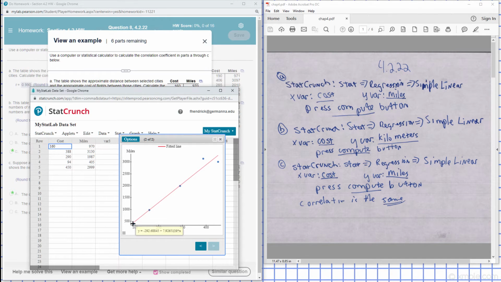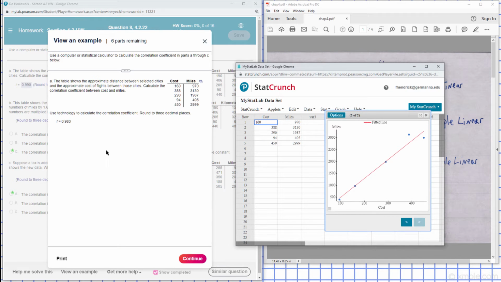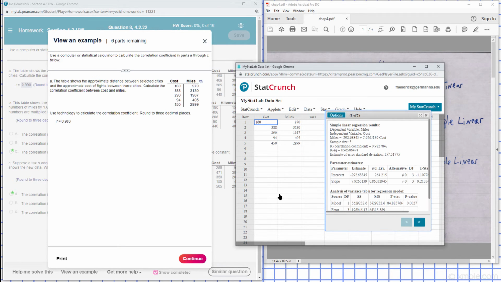And that's what they're looking for there. So you can see what R is. I'll go back. R, the correlation coefficient, is there, to 3 decimal places.